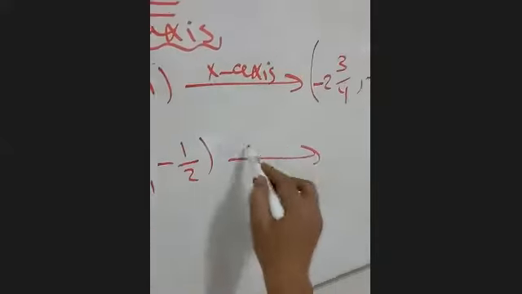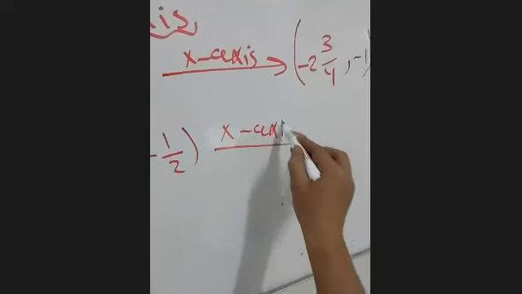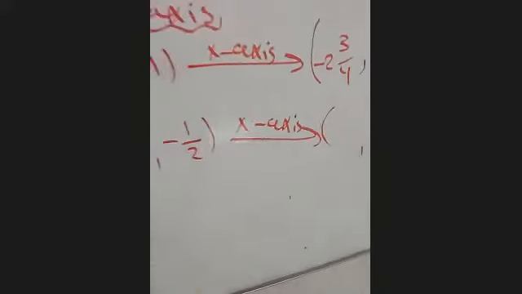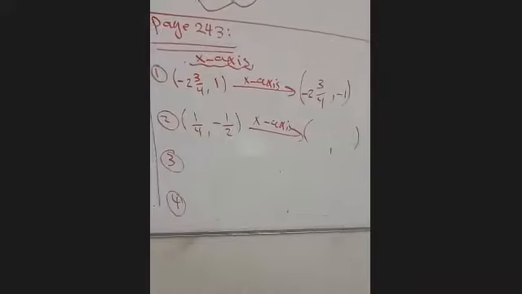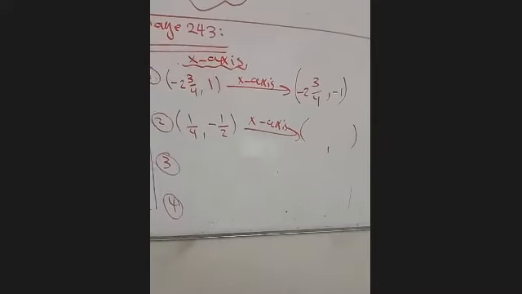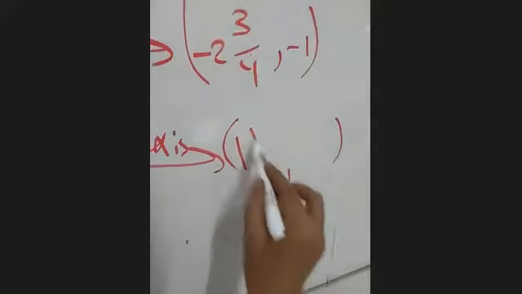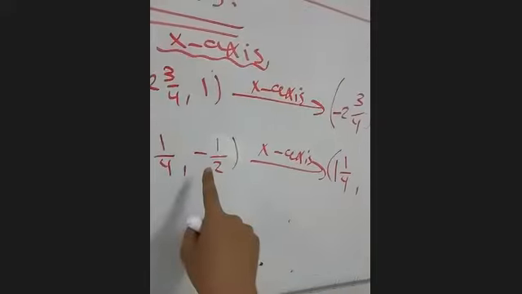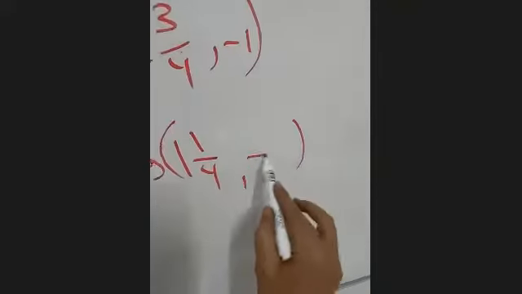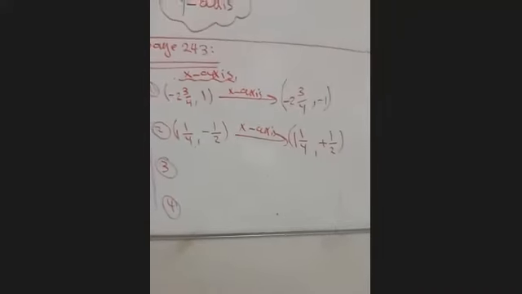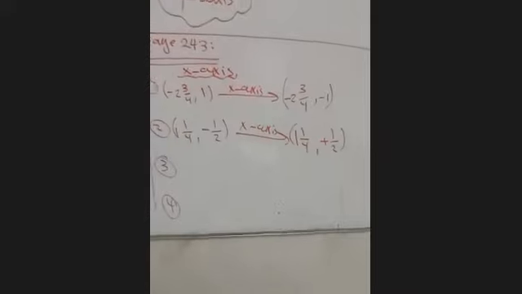Across the x-axis, what's the reflection? We keep the 1 and 1 over 4 the same, and the minus 1 over 2 will become plus 1 over 2. Thank you so much.